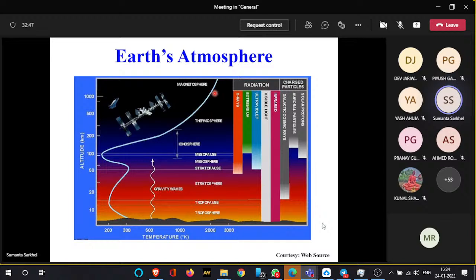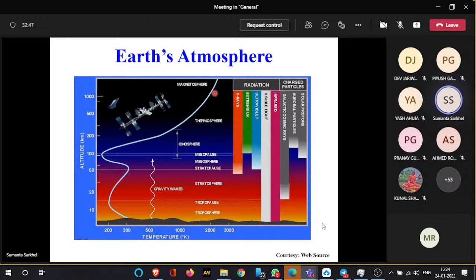I'll say it again. At some point, the density is so low that although some molecules and atoms can absorb all these radiations, gamma ray, X-ray, extreme ultraviolet, very efficiently, the mean free path is so high, or the collisional frequency is so low, that there will be infrequent collisions.